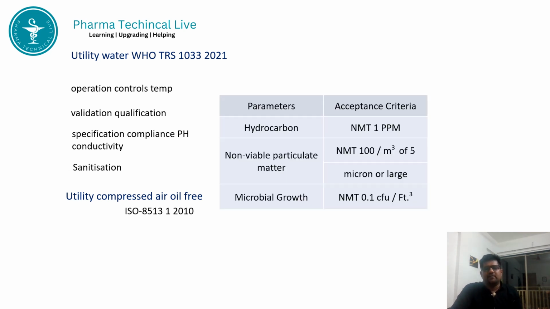Then the parameters for the pure air like hydrocarbon, viable and non-viable count, we have to control through a valid procedure, valid testing. This will give more assurance that the utility is not contaminating our product.